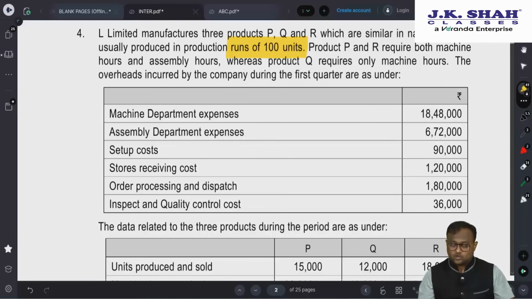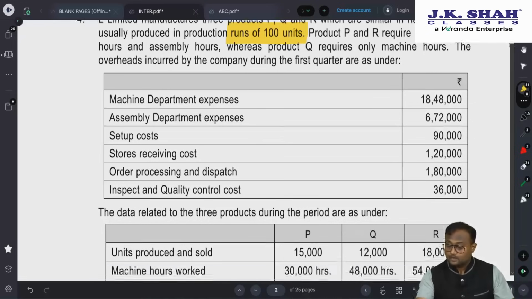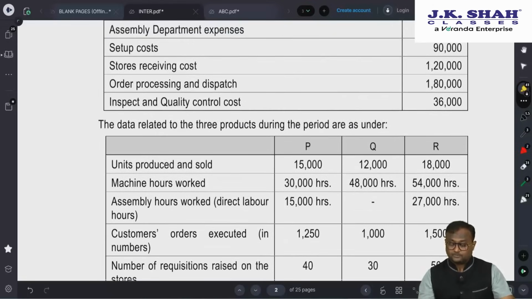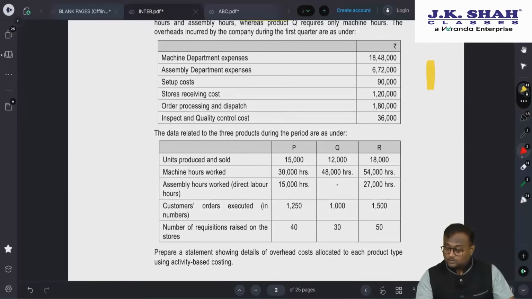The overheads incurred by the company during the first quarter are as under: machine department expenses, assembly department expenses, setup cost, stores receiving cost, order processing and dispatch, inspection and quality control. You have 6 different cost structures given, along with some basis. Machine department, assembly department, setup, stores, order processing and inspection. 6 types of cost.